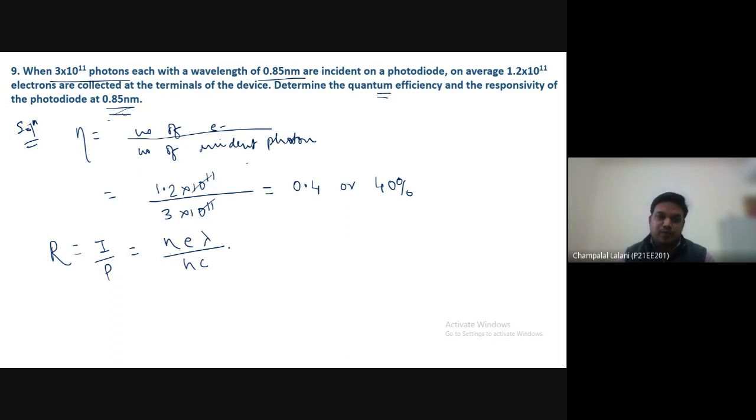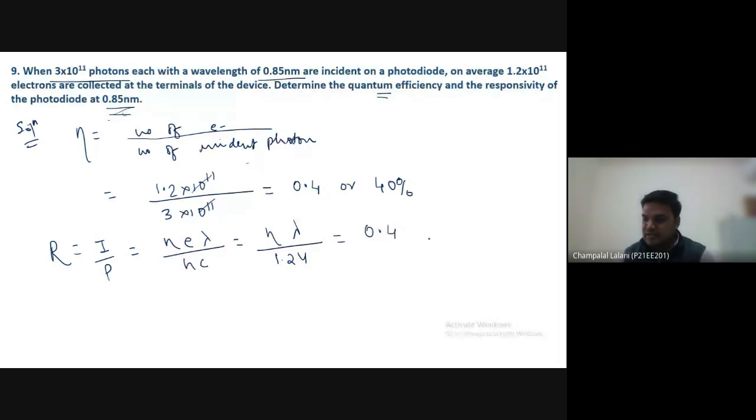If you put the values of h, which is a constant, c, which is also a constant, and e, which is a constant 1.6 into 10 to the minus 19, h is 6.626 into 10 to the minus 34, and c is 3 into 10 to the power 8 meter per second, you will get somewhere eta lambda upon 1.24, but this lambda will be in micrometers. Eta we have already got as 0.4.